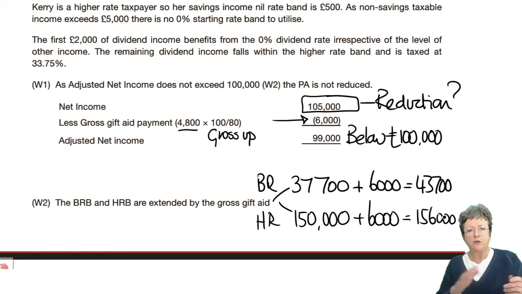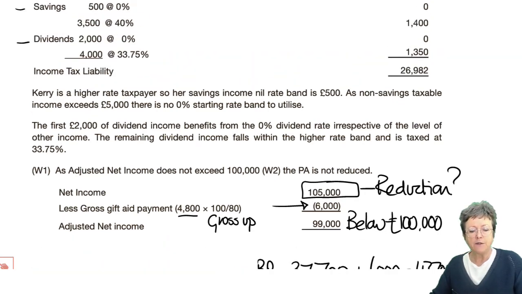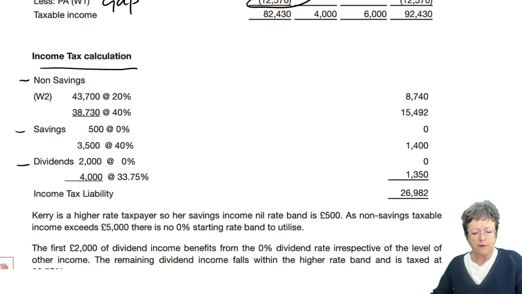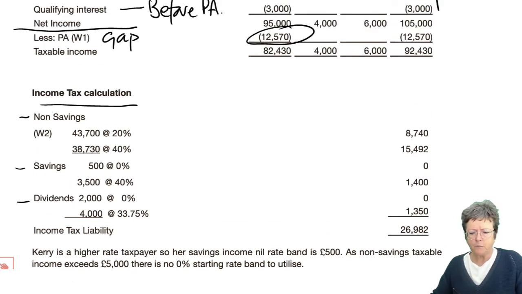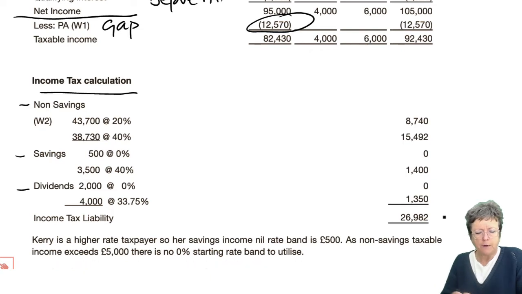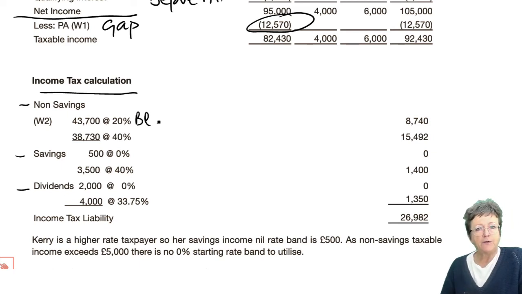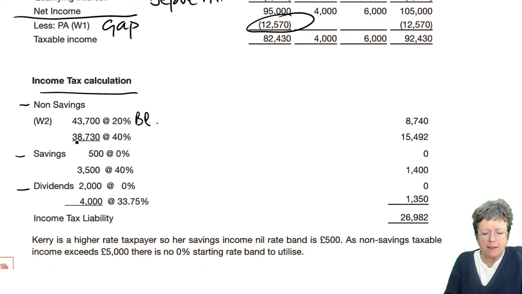Show the workings, show everything. Always show your workings. Those are the rules. You've applied the rules. Get yourself credit for doing it. So, non-savings income was 82,430. The first 43,000 is at basic rate with the extended rate band. The balance of it is at high rate.